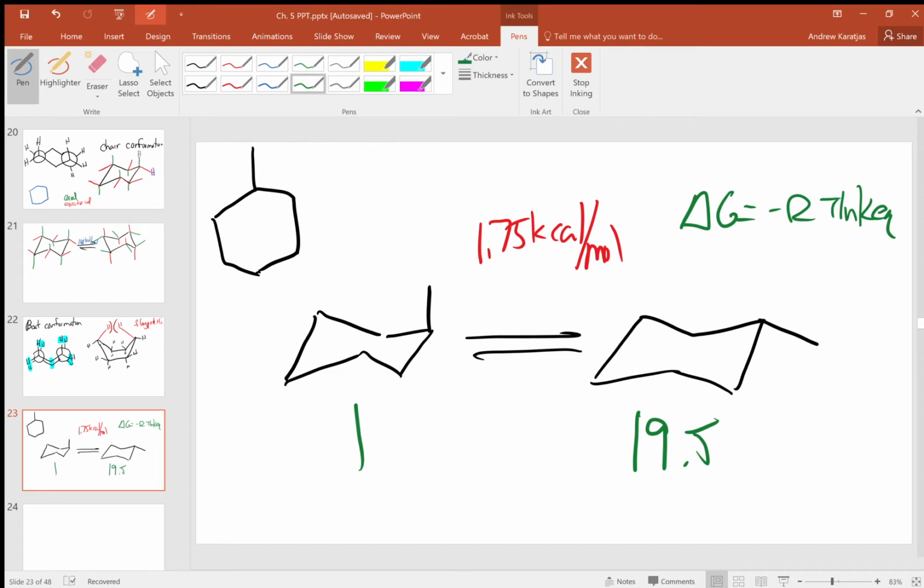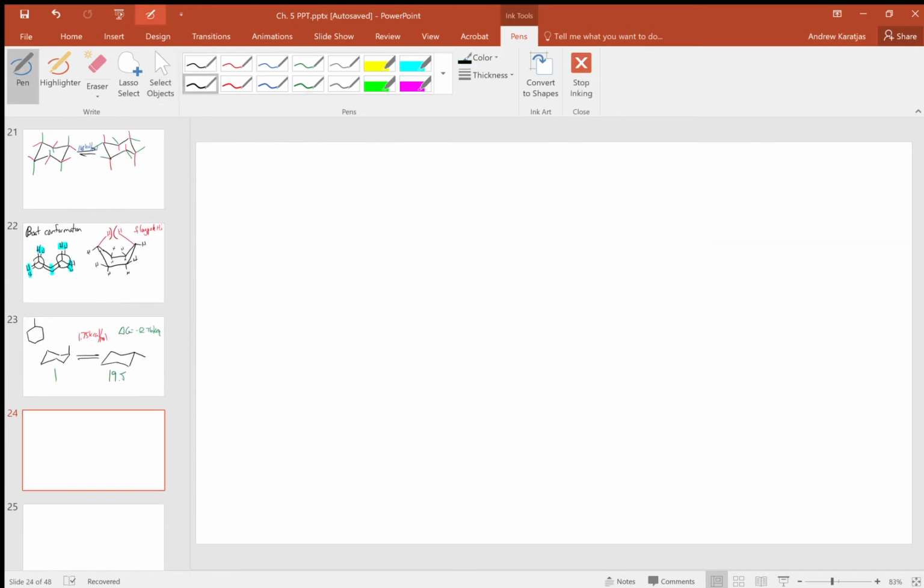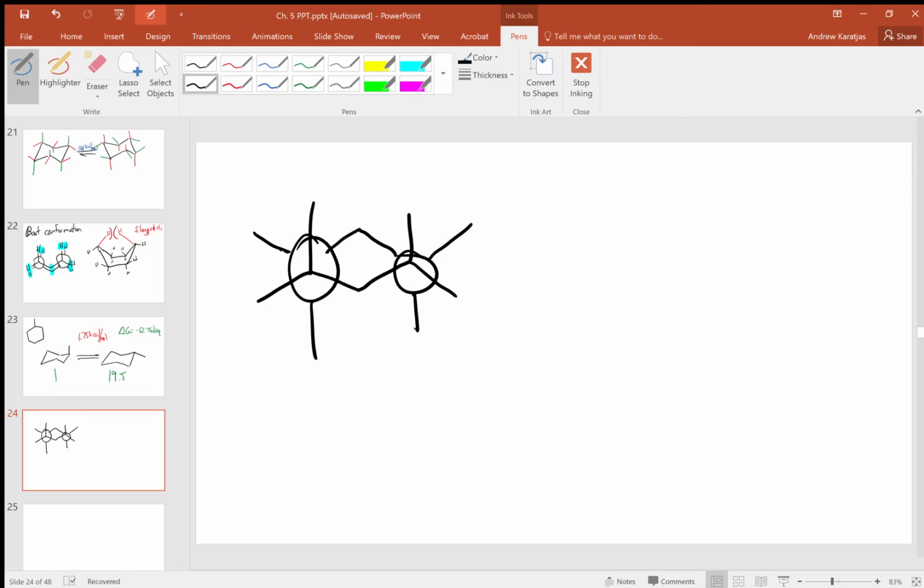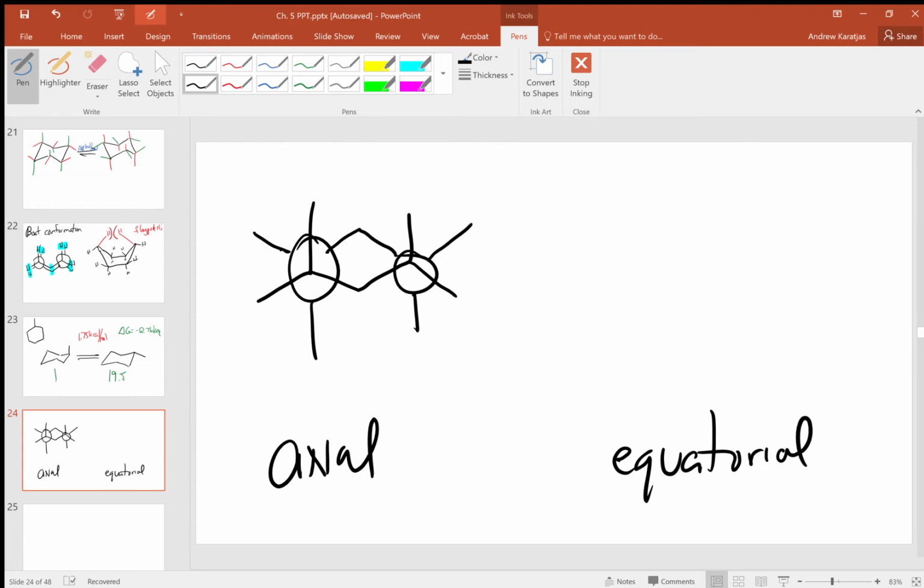Why the difference? Well, let's look at their Newman projections. So the first one is going to be our axial. And then on the right, we'll put what happens when it's equatorial.